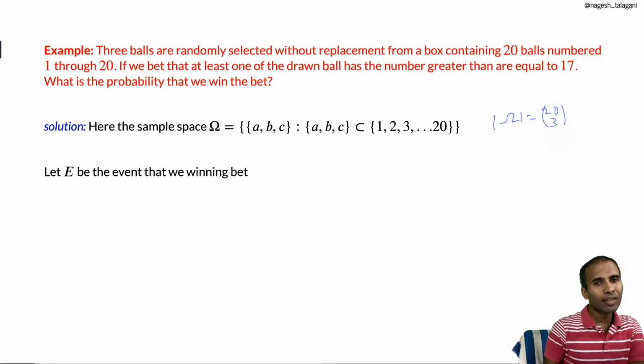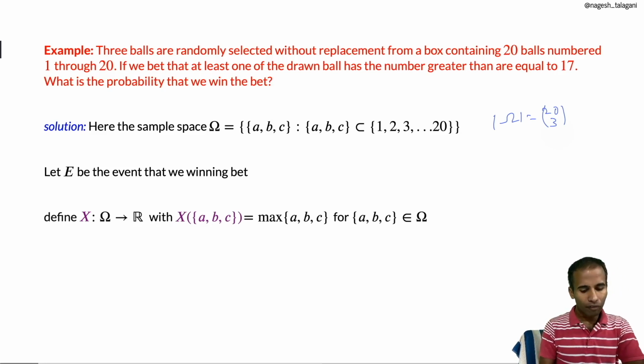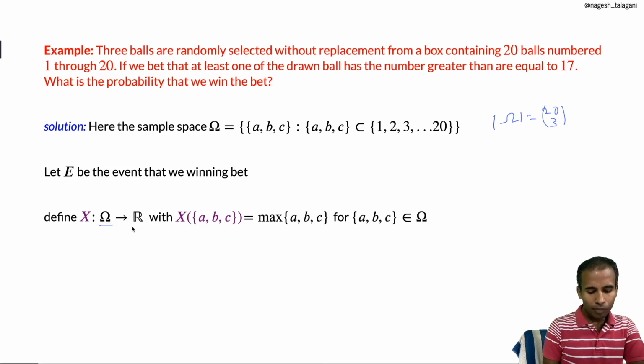Let E be the event that we win the bet. Now I am going to describe our event of interest E through some numerical aspect of the random experiment. First of all, I am going to quantify each outcome with a certain numerical characteristic. Here X is a function from the sample space to R. Each outcome is mapped to some number.